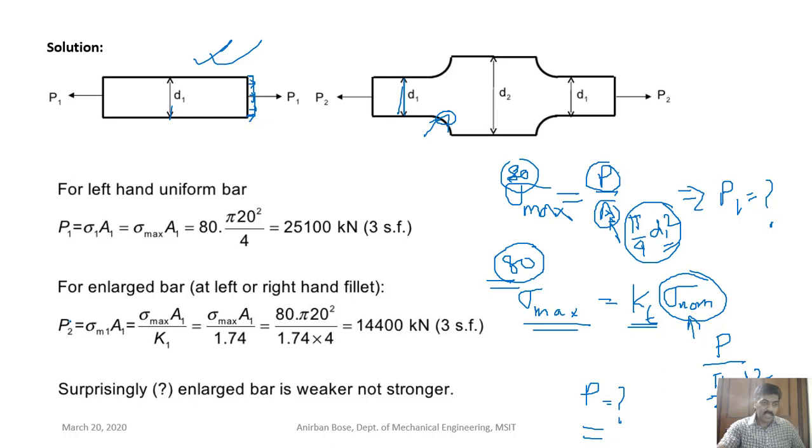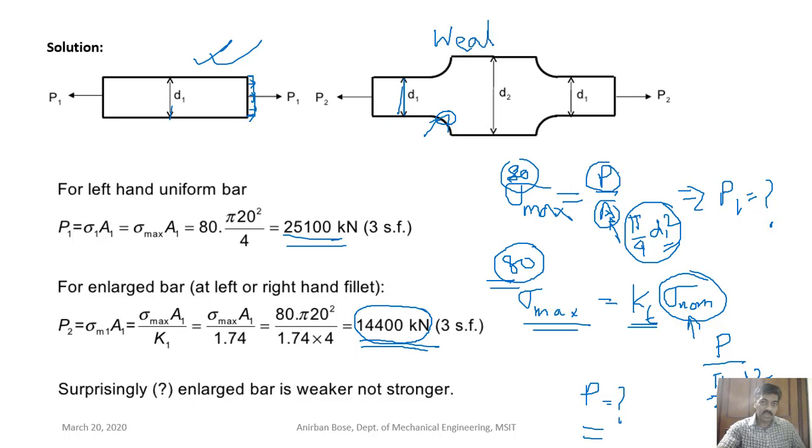And if you see the result, you will find that P2 is only 14400 kilonewton, whereas P1 is larger. So which one is stronger? This one is stronger, this one is weaker.